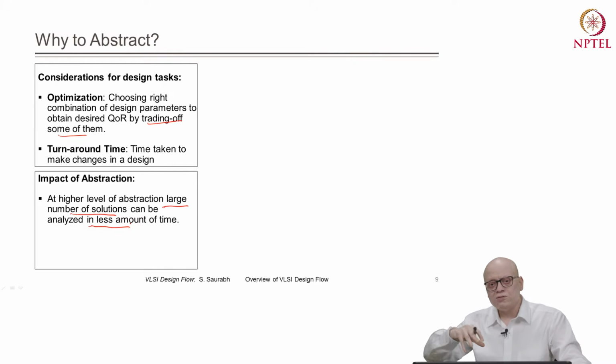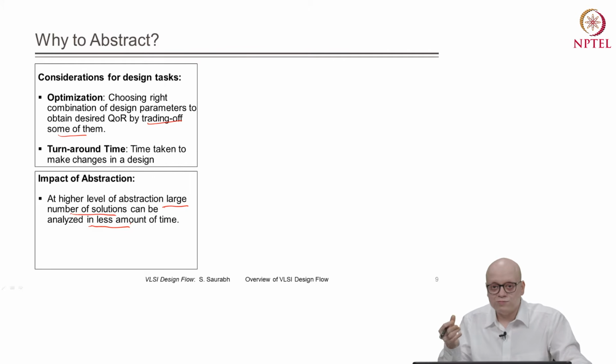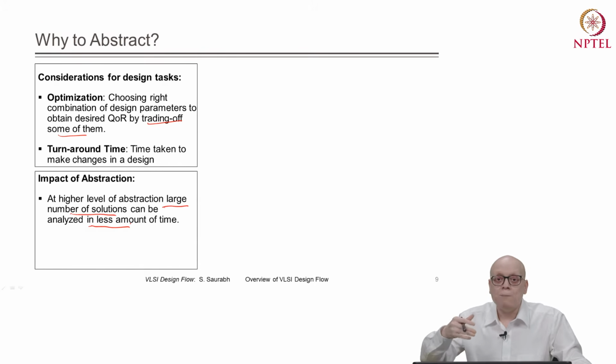Why? Because when the details are less, then there are fewer entities, and a designer can focus on those entities and can optimize them manually, or can give hints to the tool and get a better QoR.